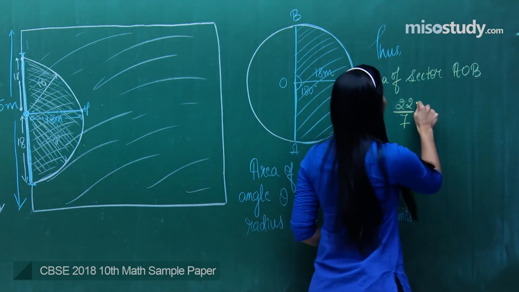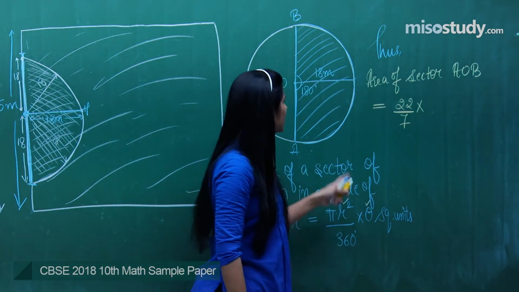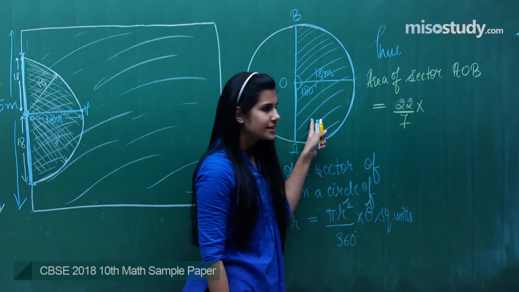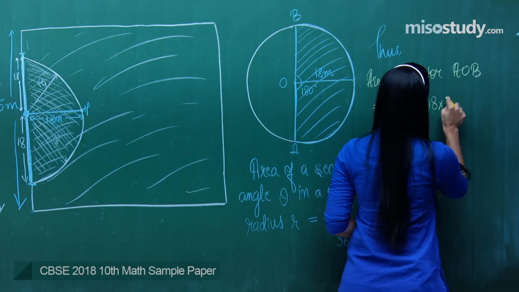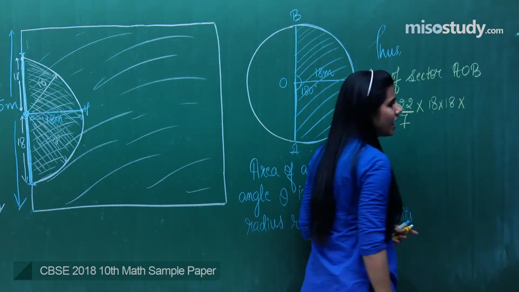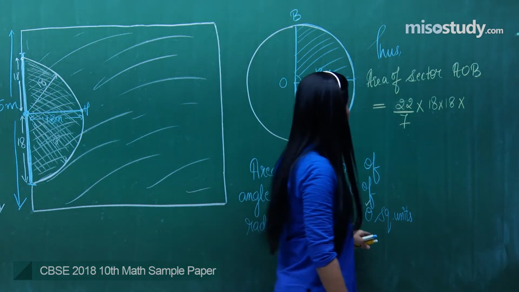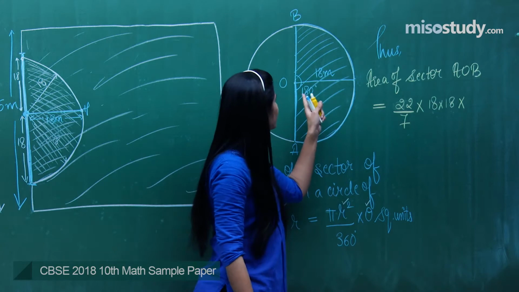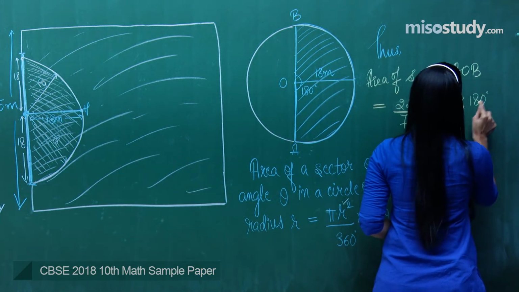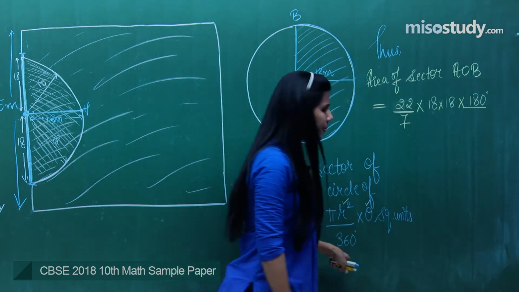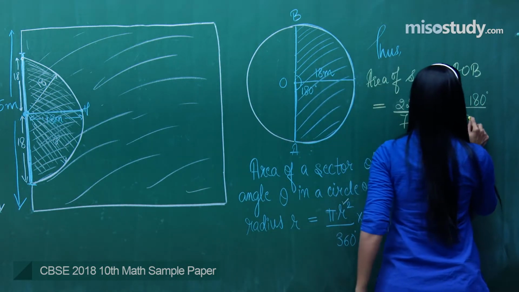This is pi r square, radius of the circle of which AOB is the sector. So, AOB is the sector of the circle of radius 18. So, pi r square multiplied by theta. Theta is the angle of the sector which is 180 degrees divided by 360 degrees.